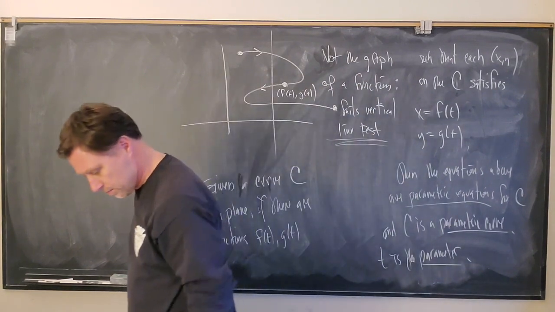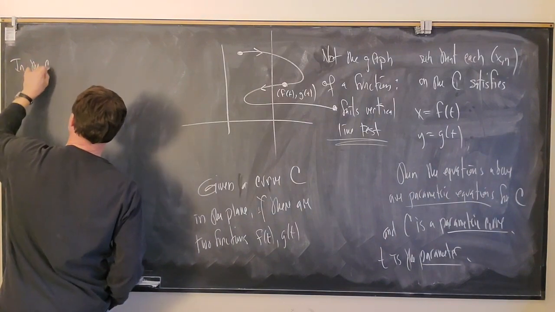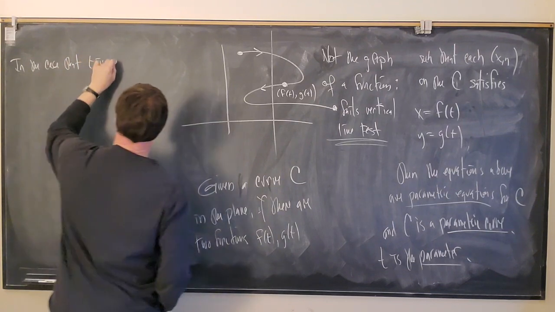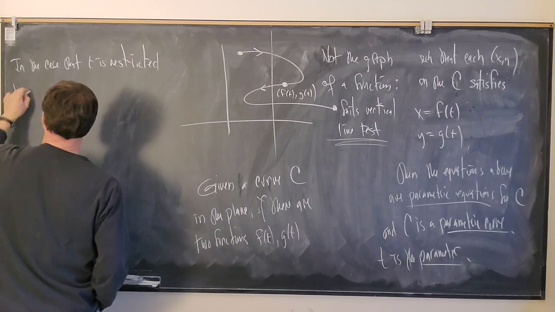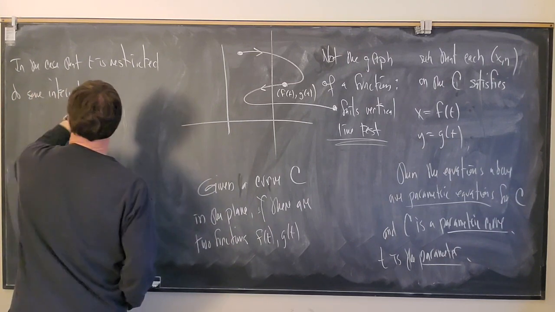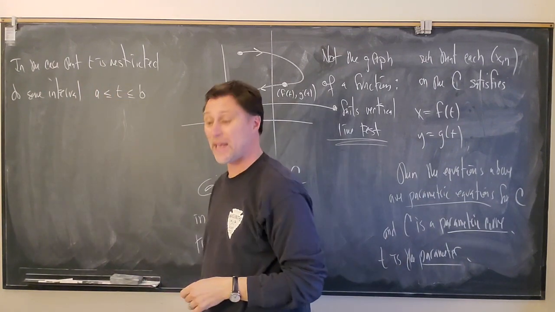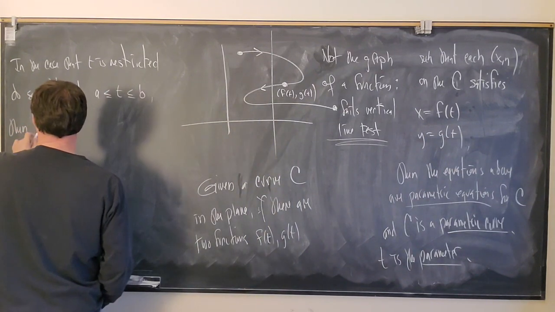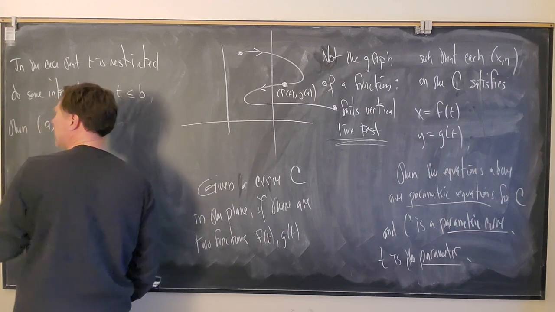So in the case that t is restricted to some interval, so let's say that we require t to be between a and b, then there's a starting point, a comma f of a, and this is called the initial point.